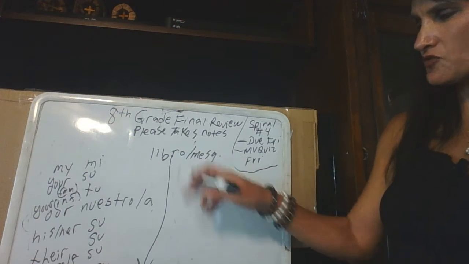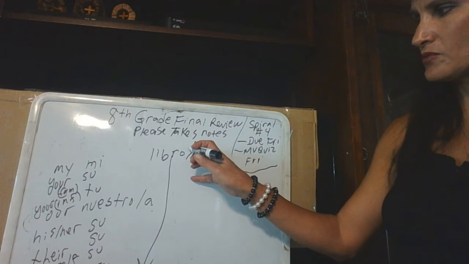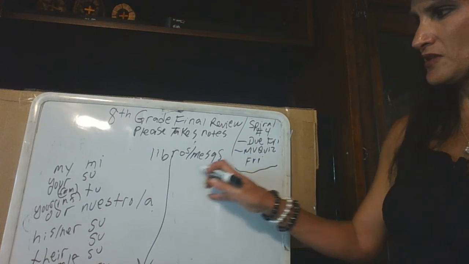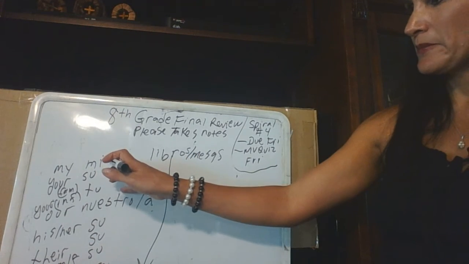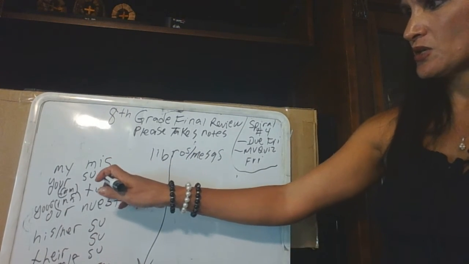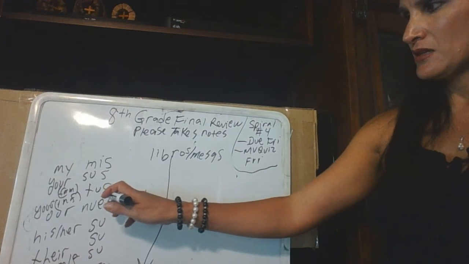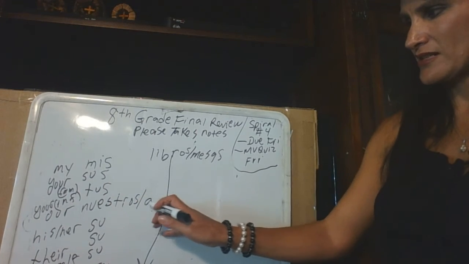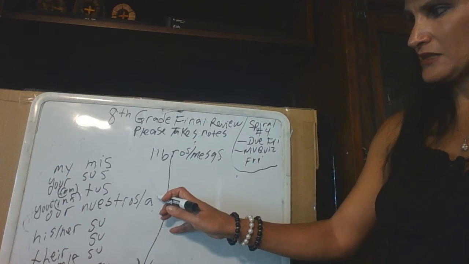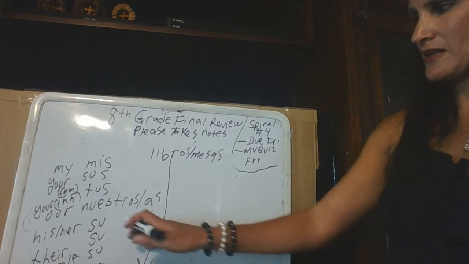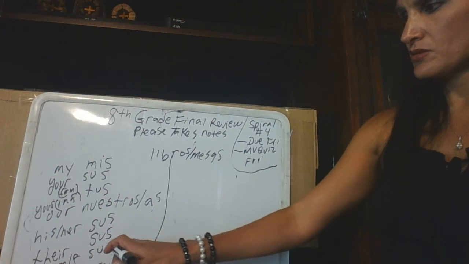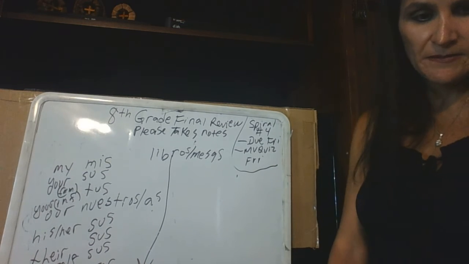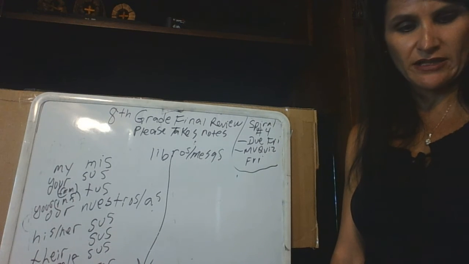Now if I change those to make them plural, everything changes: mis libros, tus mesas, sus mesas, nuestros libros, nuestras mesas, sus, and sus. So you're going to need to fill in the blank on those.